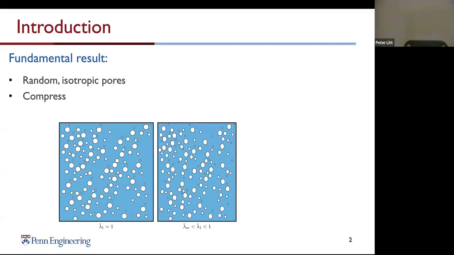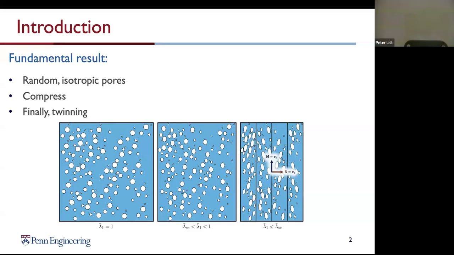So this is just schematically, but you see they're all sort of squishing in the direction that we're compressing the material. But what we predicted is that after sufficient compression, what you get is something that's no longer a uniform deformation. The material splits up into these bands where the material is shearing first one way and then the other way, alternating back and forth. So that's what we're talking about with twinning.